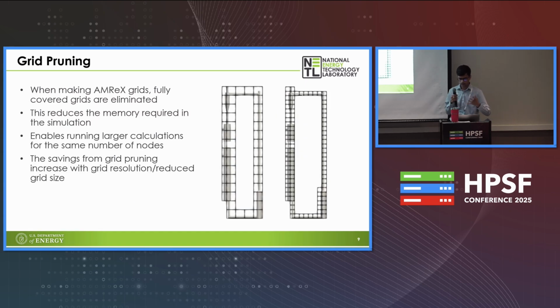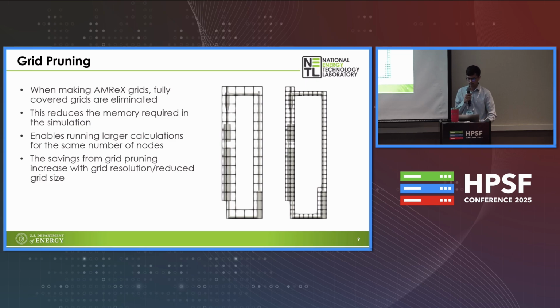So having defined the geometry, we now look at how we can potentially save simulation costs by getting rid of unwanted grids. As I mentioned before, there are a lot of spaces inside the reactor where there's neither solids nor fluids. These grids are fully eliminated when creating the base grids.